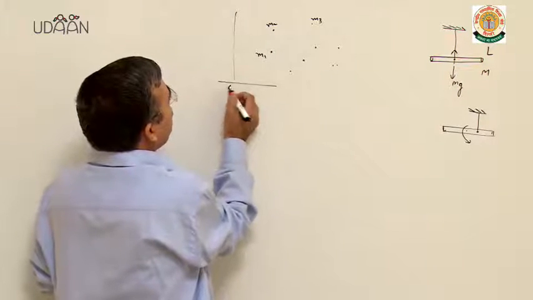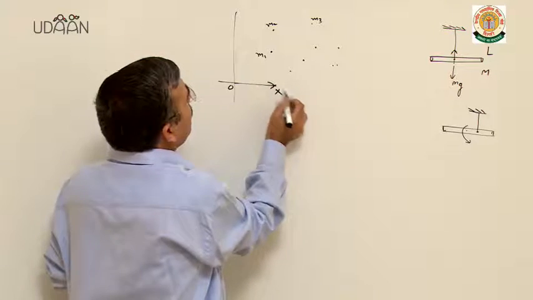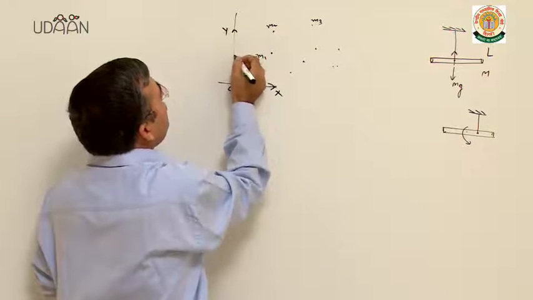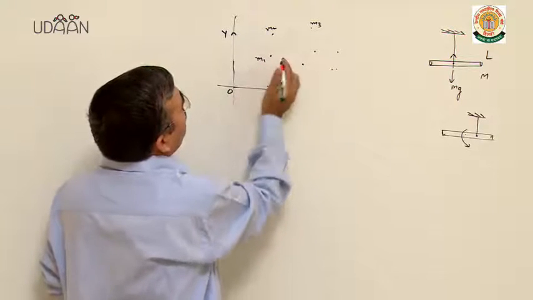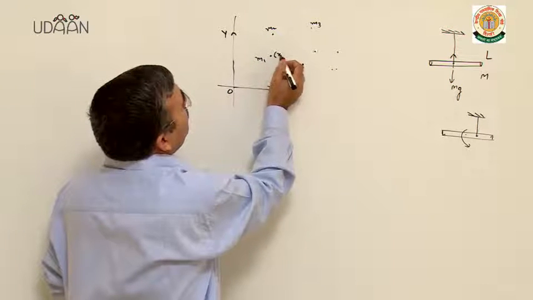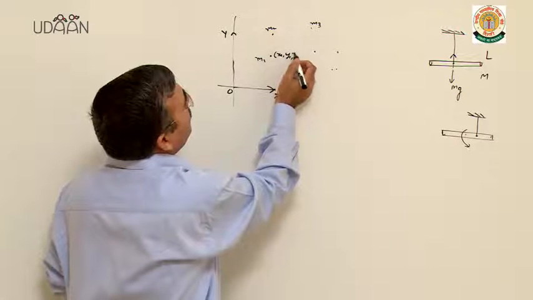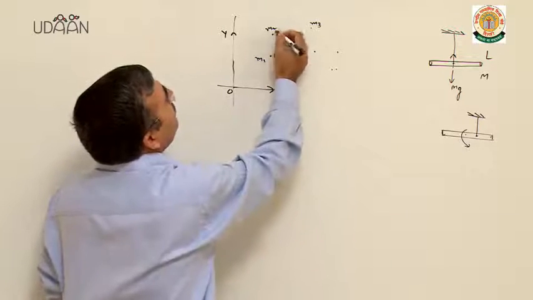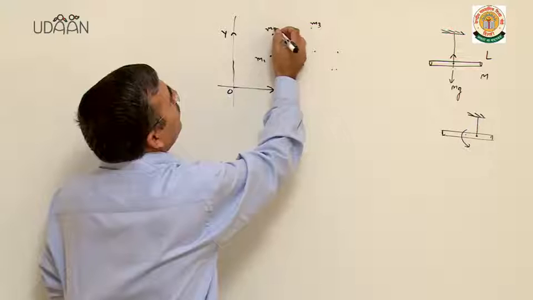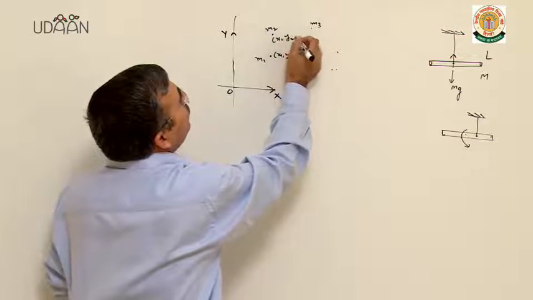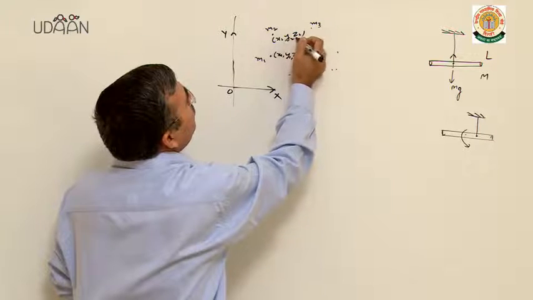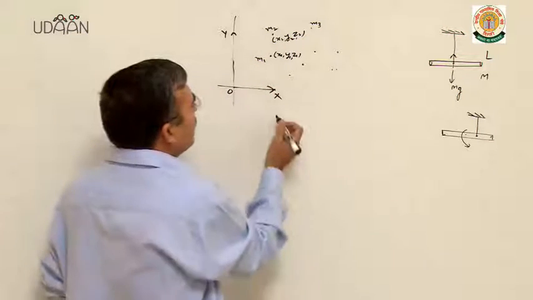Suppose we take a coordinate system, x-axis, y-axis. Coordinates of m1 are x1, y1, z1, coordinates of m2 are x2, y2, z2 and so on.